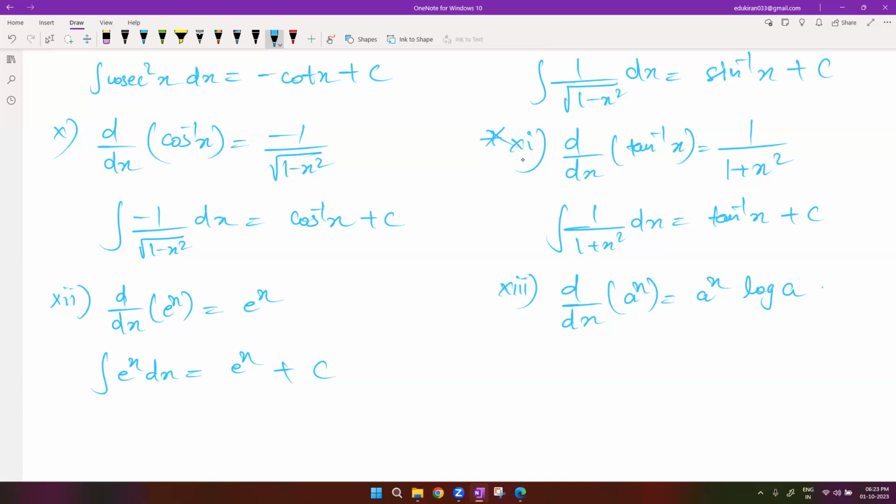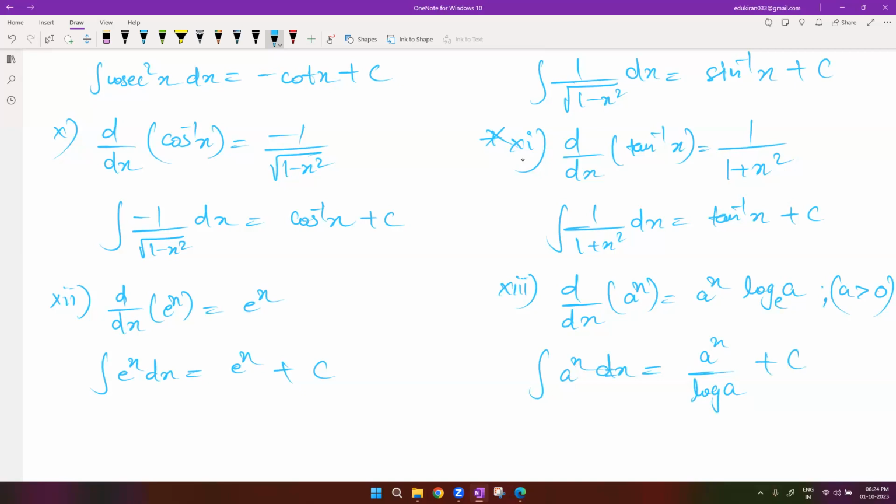Now a to the power x. The differentiation of a to the power x is a to the power x log a. It means that if you integrate a to the power x, take this log a to the left hand side, it becomes a to the power x divided by log a plus c.